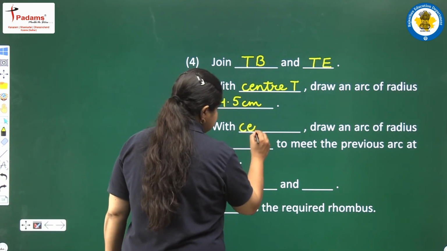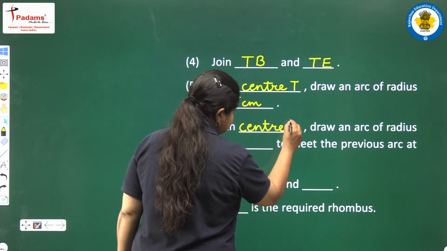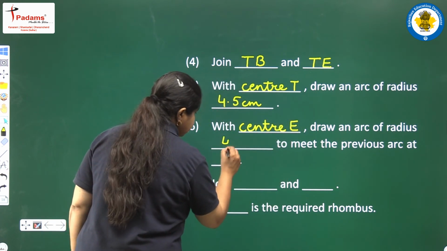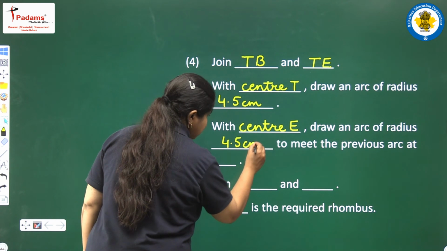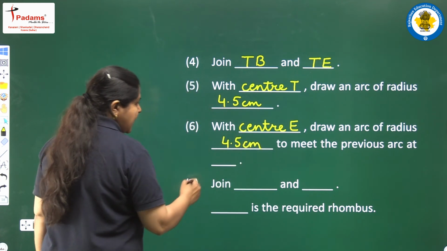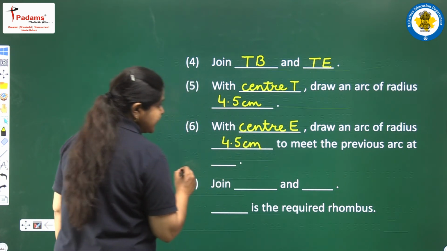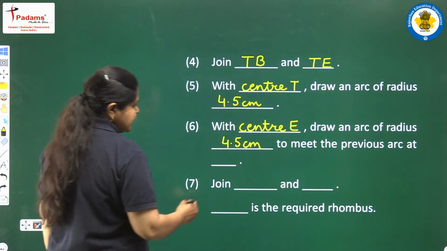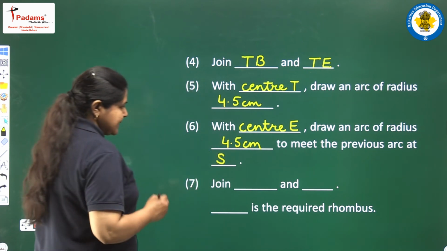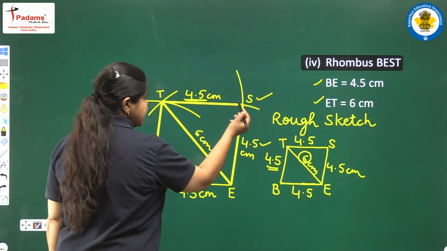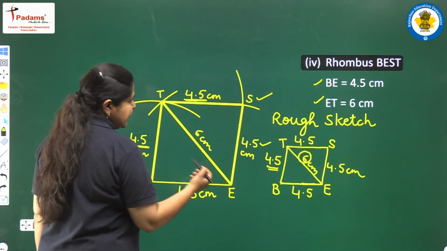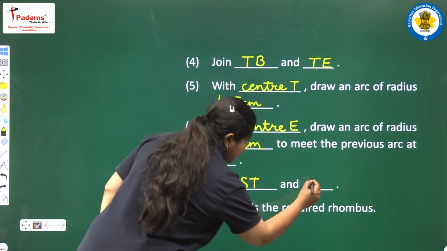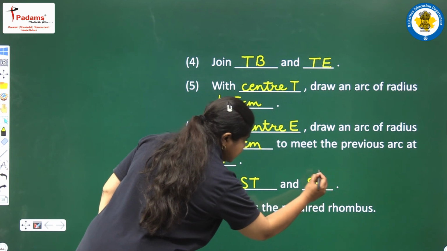With center E, draw an arc of radius 4.5 centimeters to meet the previous arc at point, let us just see which point was this, S. So, we write it here at point S, and then we just joined ST and SE. So, we write it here, join ST and SE.